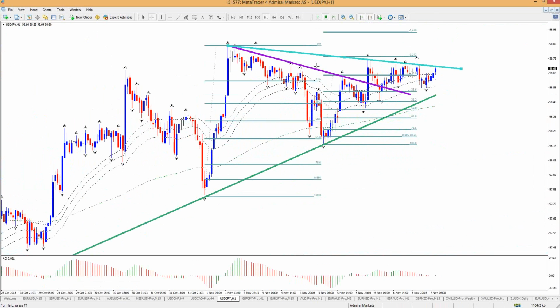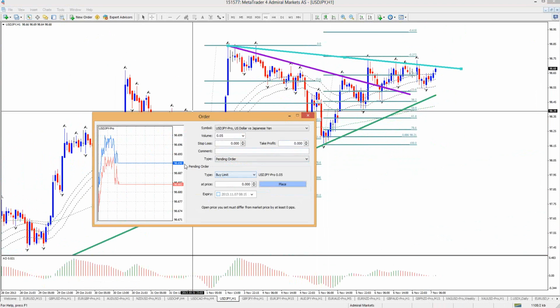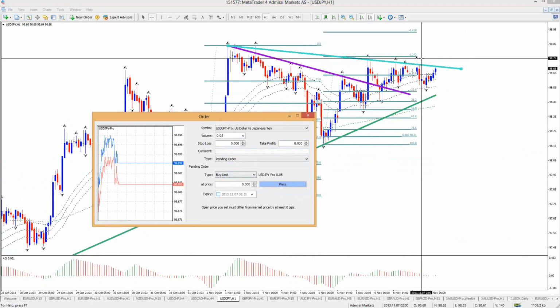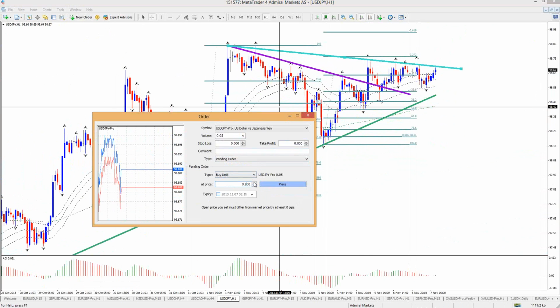So let me see, an entry maybe just above that top here, above 98.75, with maybe a stop loss below this. Could work well. I'll try that. I think that's a good idea. Looks like a good breakout trade. If we don't get any breaks soon, though, I might delete the orders.